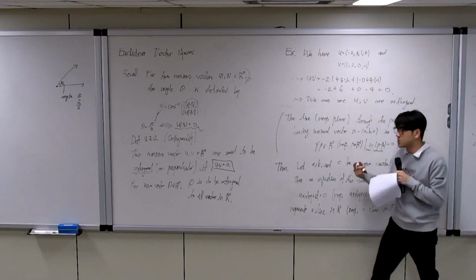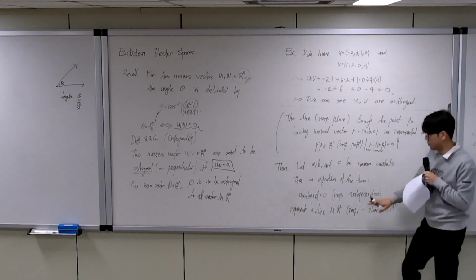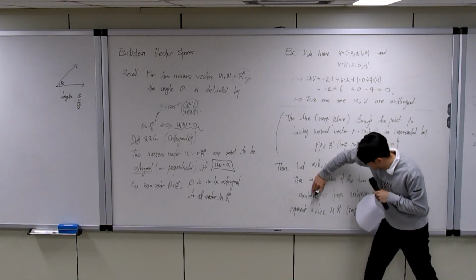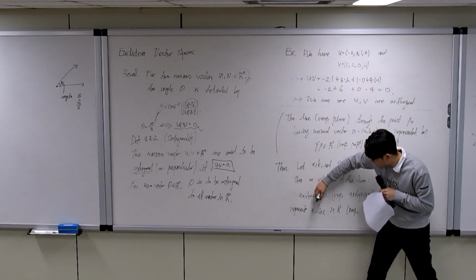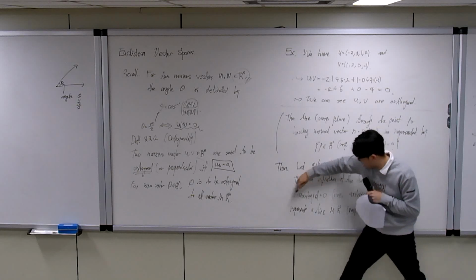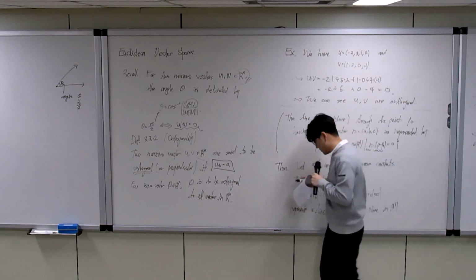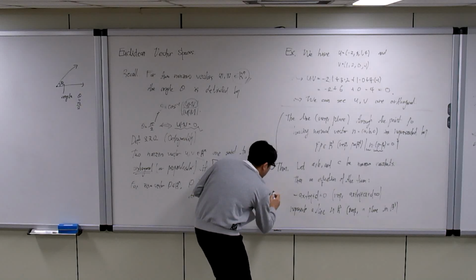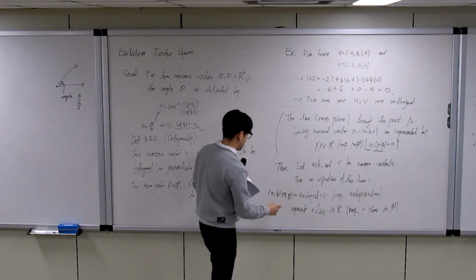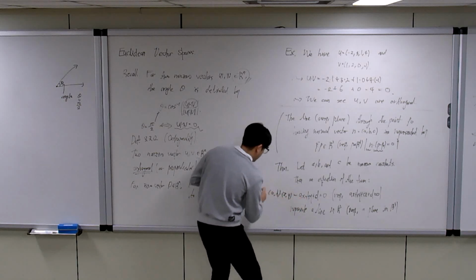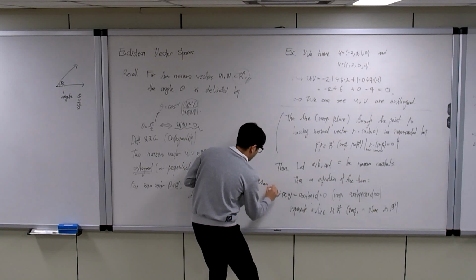In the homogeneous case, it will be the form ax plus by equals 0, which is the same as (a, b) dot (x, y) equals 0 when d equals 0.